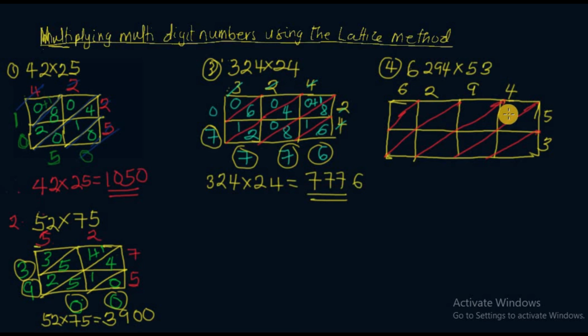5, we go this way. 5 times 4 gives us 20. 5 times 9 is 45. 5 times 2 is 10. 5 times 6 is 30. 3 times 4 is 12. 3 times 9 is 27. 3 times 2 is 6. 3 times 6 is 18.